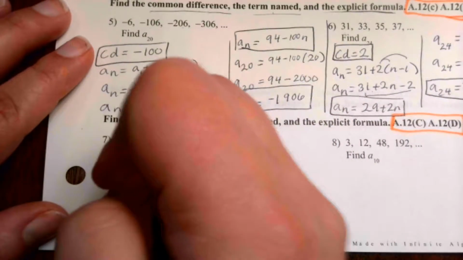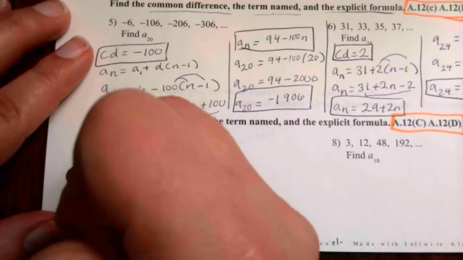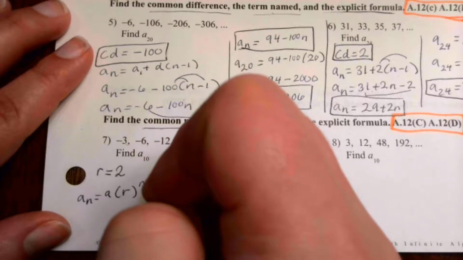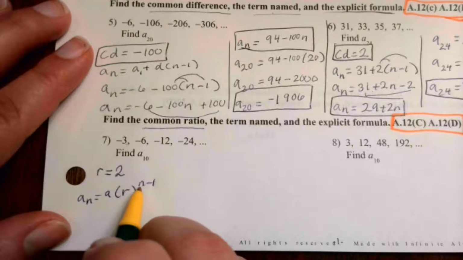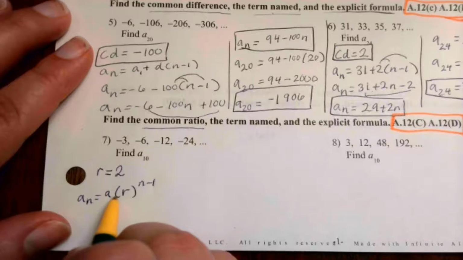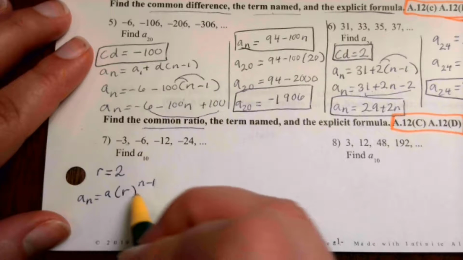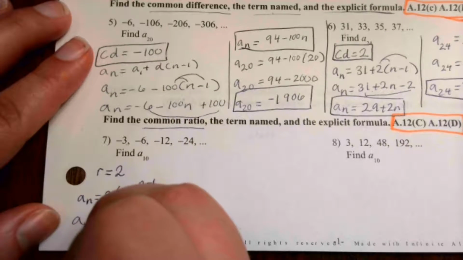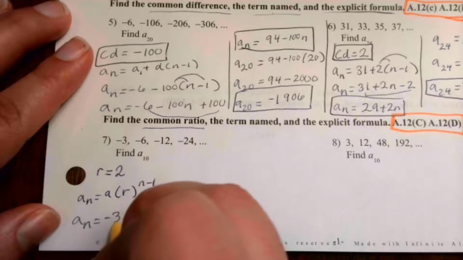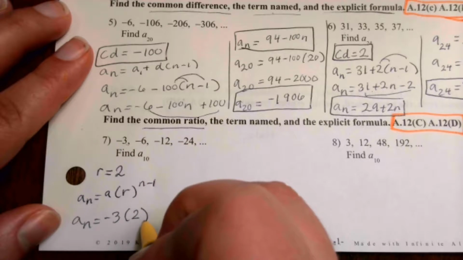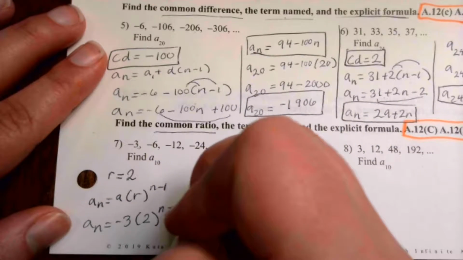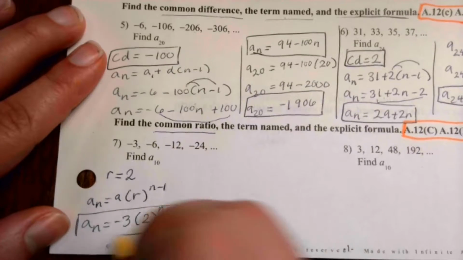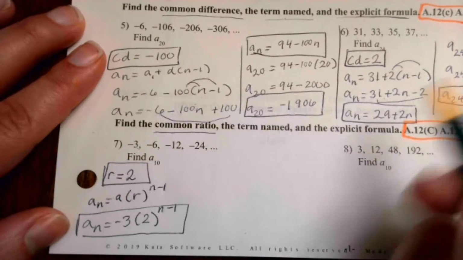So that's my common ratio. My explicit formula is always a times r to the n minus 1. Your exponent must be higher and smaller than your base. It cannot just be a mess next to it. So a sub n is equal to my first term times r to the n minus 1. I have my explicit formula. I have my common ratio.